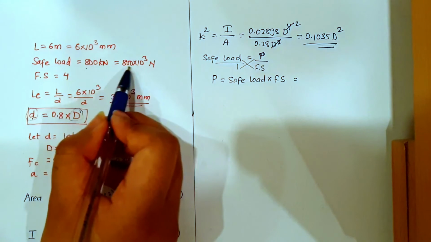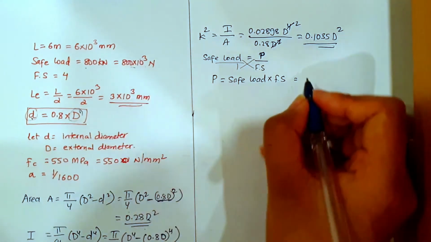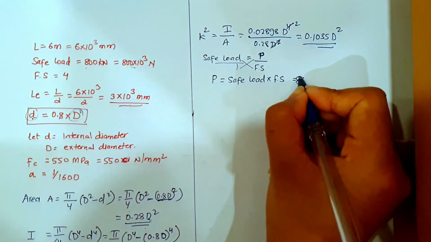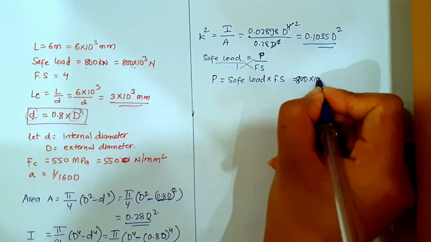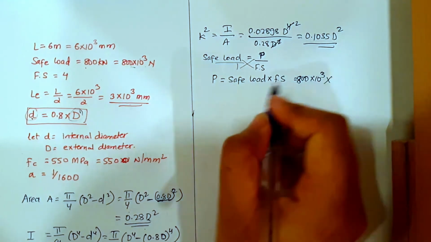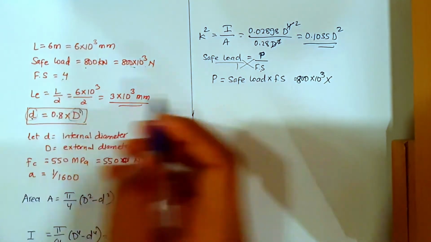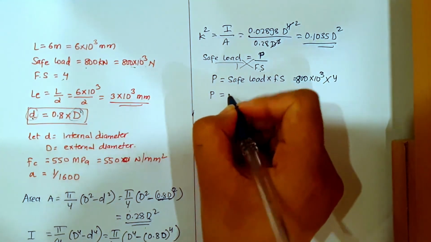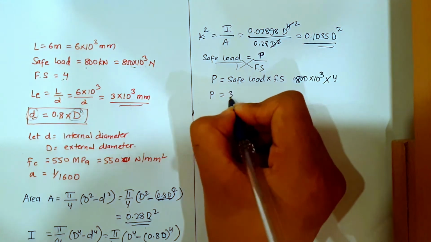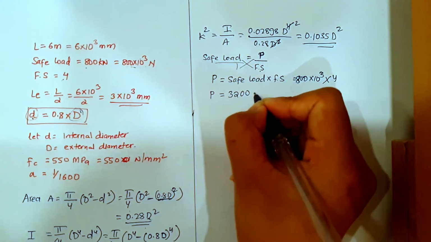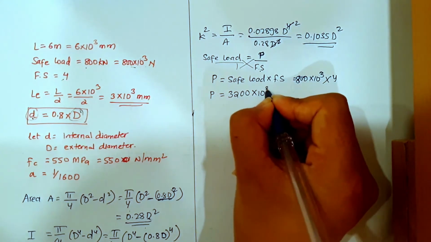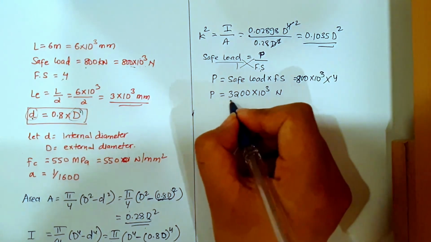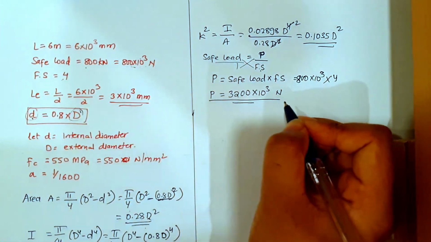Safe load is given as 800 into 10 raised to power 3, into factor of safety, which is given as 4. So from here you get the crippling load equal to 3200 into 10 raised to power 3 Newton. So this is the crippling load here.